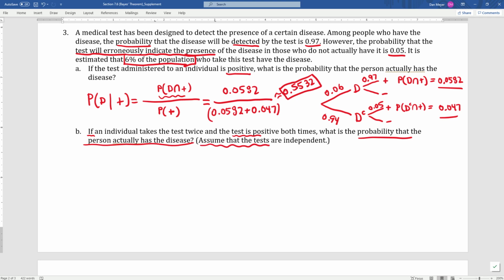All right, so we got another tree here. And the first part of this tree would look the same as our tree from before. We have disease and disease-free, 0.06, 0.94, because again, 6% of the people taking this test have the disease. And then we have a positive and a negative result here.